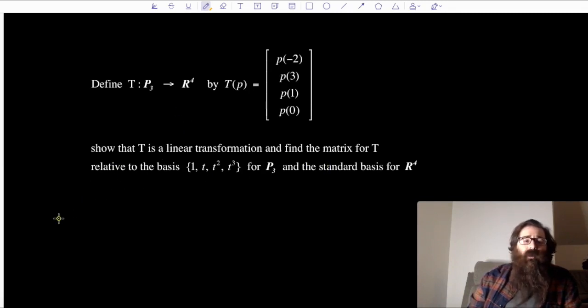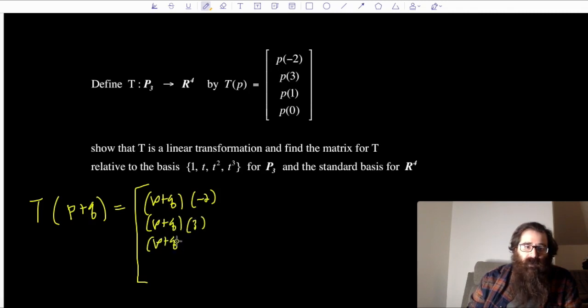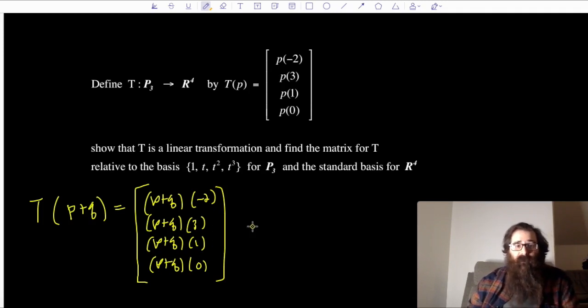So let's say, what if I had 2 polynomials, T of p plus q? Well, think of p plus q as one polynomial, and I would take that one polynomial and evaluate it at -2, at 3, at 1, and at 0 to get the different values for my vector.